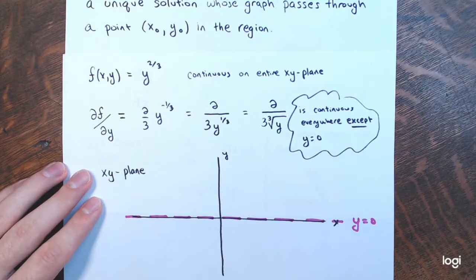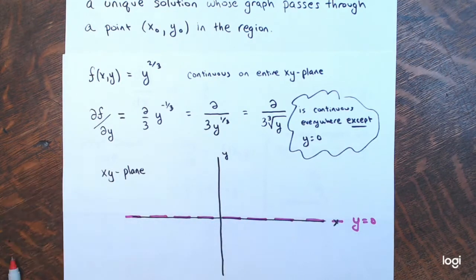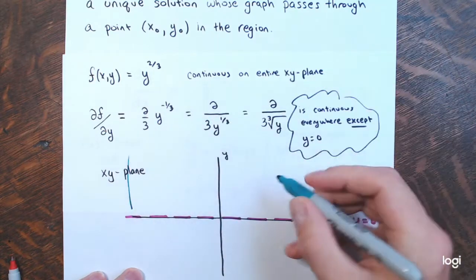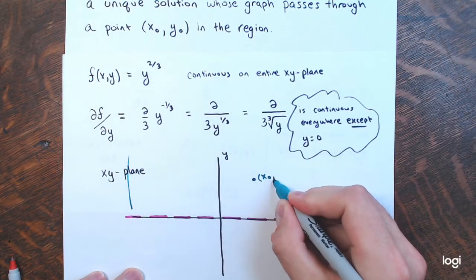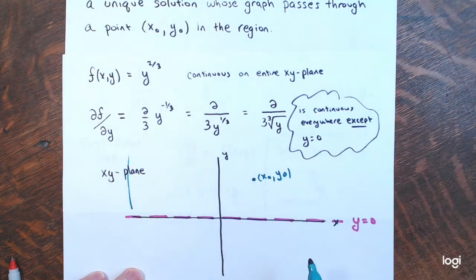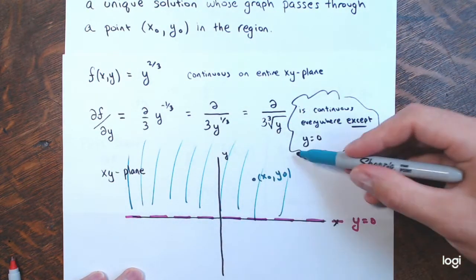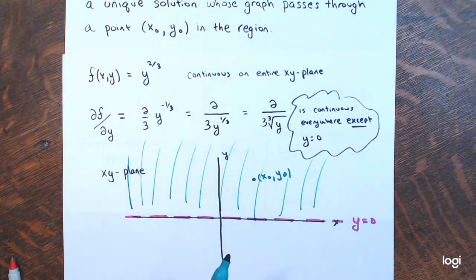Can't contain any piece of this line y equals 0. So one valid region would be the upper plane. Say the point x0, y0 that was in the initial condition was in the upper plane. Well, then the region I use could be up here, again, as long as it doesn't contain any part of the line y equals 0.